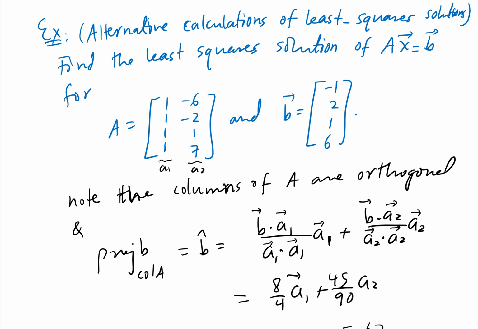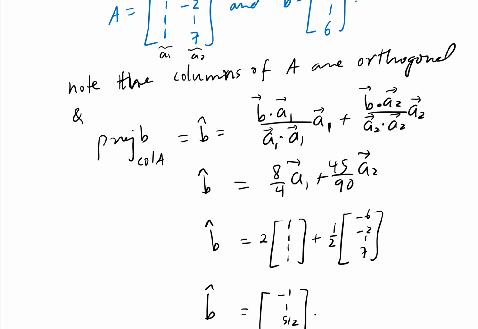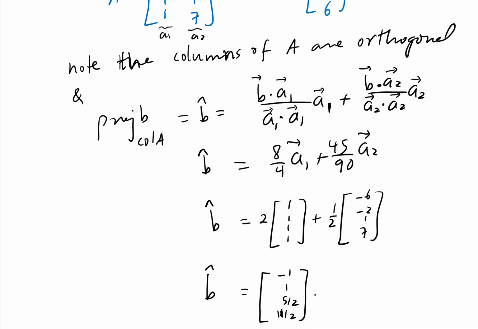Same thing with B dot A2, you get 45, and A2 dot A2 is 90, times A2. Simplifying this, 2 times A1 plus 1/2 times A2. That's B hat. If we calculate it and simplify, that gives us -1, 1, 5/2, and 11/2.